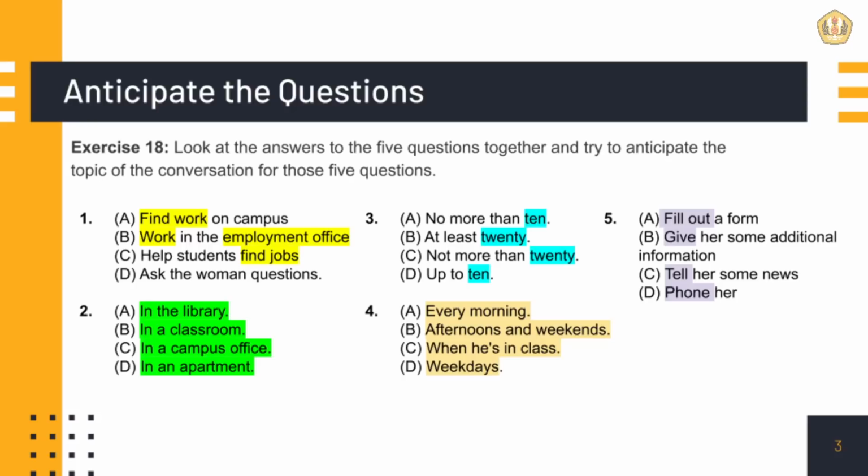At the end of the conversation, we hear that the woman actually tells the man to call her about the job opening, whether there's any job opening for him. So number five, the correct answer is option D.